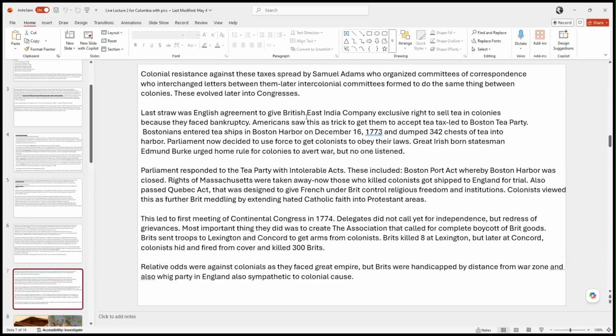The way that the British ran their colonies in India, there was a British company, called a crown company because the British monarchy actually controlled it. It's called the British East India Company, and they were in bad trouble financially. So the British Parliament decided, why don't we give them the exclusive right to import tea into the American colonies? That would save them from bankruptcy.